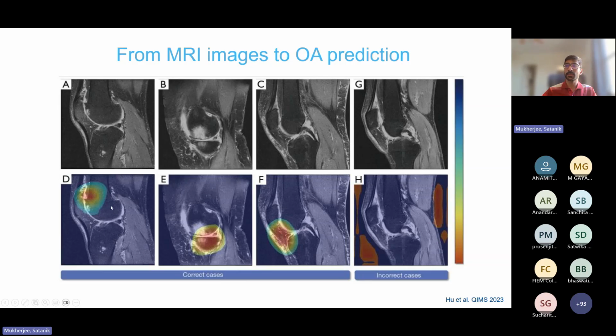And the prediction is based on not only looking at the MRI images, but also incorporating other factors, as I mentioned, clinical factors like age and BMI and predisposition to injury and all those things. These deep learning tools do quite a good job in locating those regions where you would expect possible cartilage damage. In the case A and D, it's in this region around the patellofemoral region, which is the region where your patella is meeting your femoral cartilage.